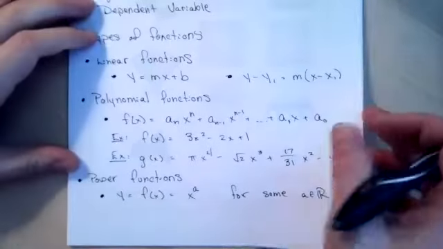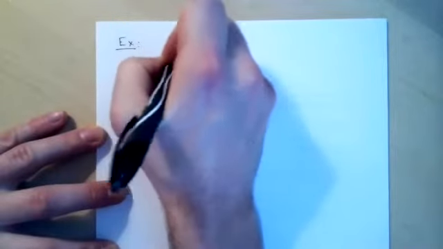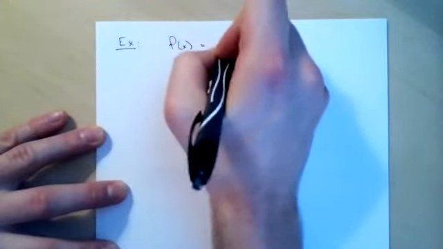And so when we take a look at the different values of a, different concepts arise. So, for example, we can have f of x is equal to x to the 1/2.